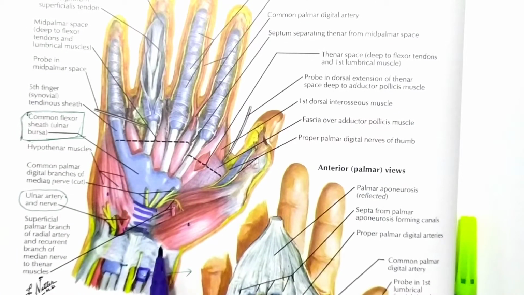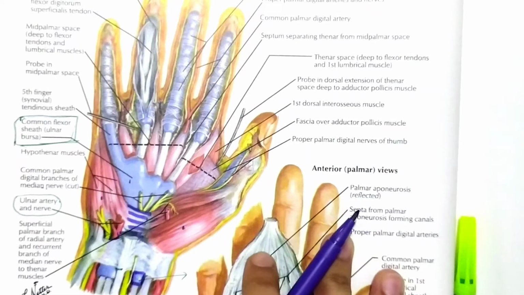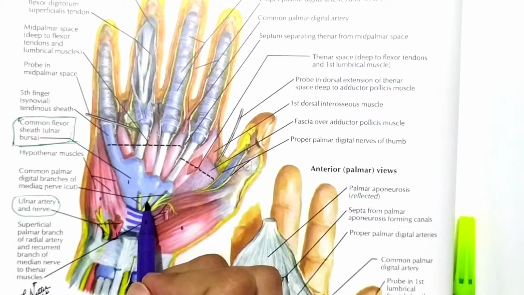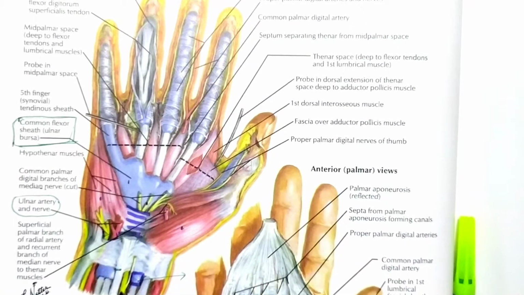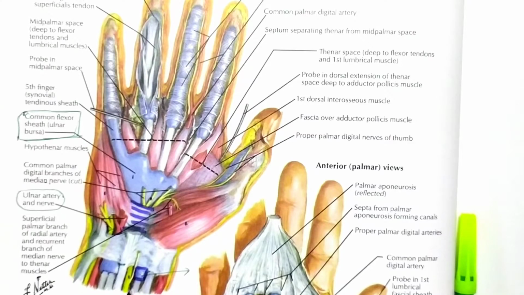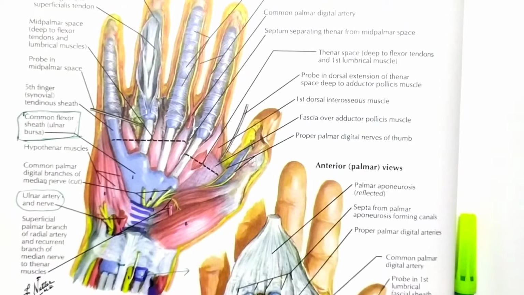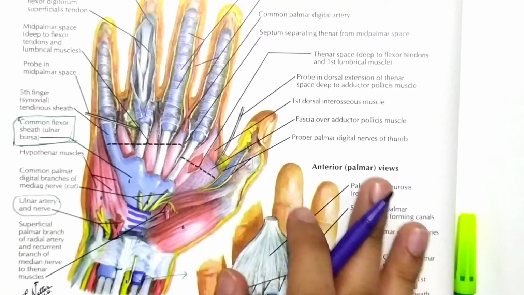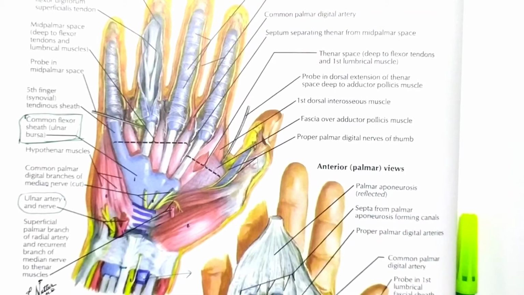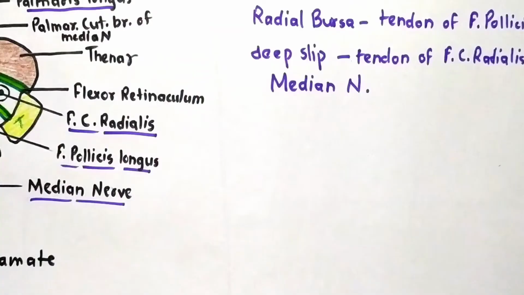This is the radial bursa, this is the ulnar bursa, and these are the branches of the median nerve. This is the median nerve here, okay? So this is a clear diagram of the flexor retinaculum.